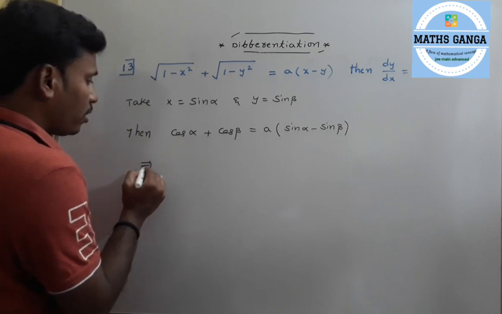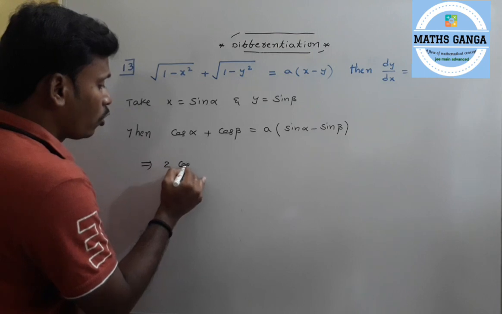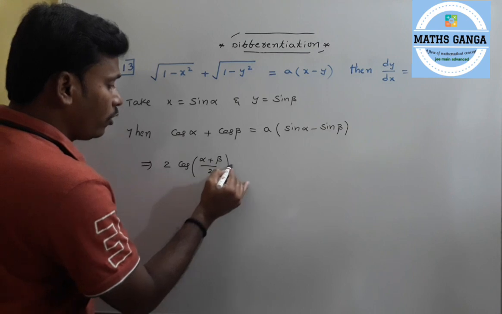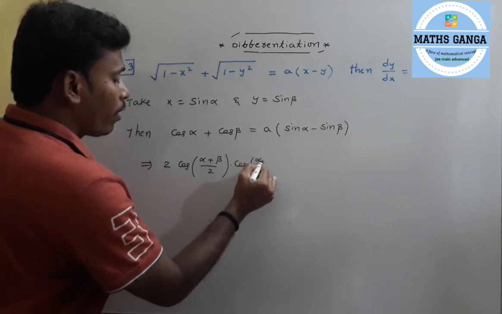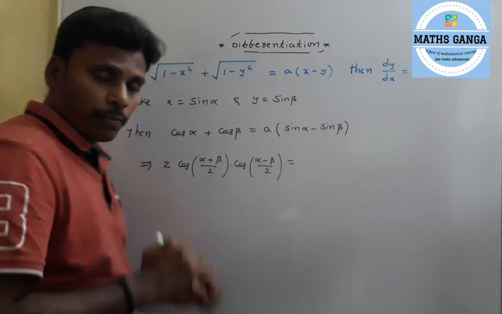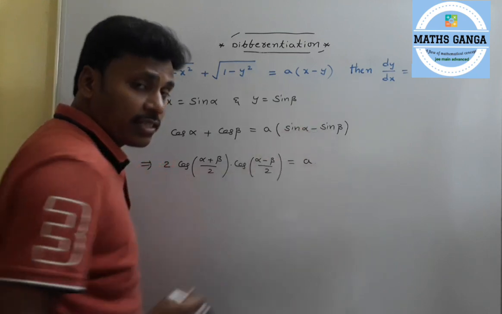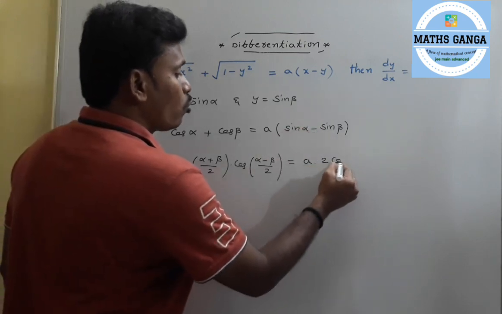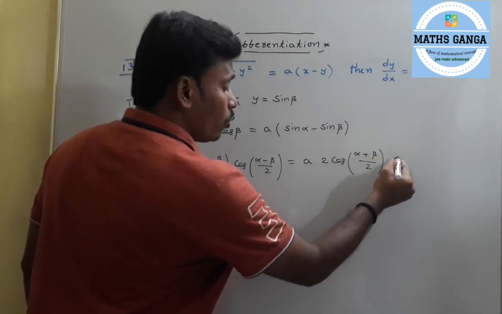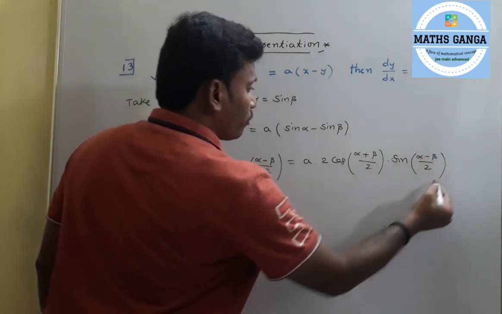On simplification, cos alpha plus cos beta, using trigonometric simplification, is 2 times cos of alpha plus beta by 2 into cos of alpha minus beta by 2. Cos c plus cos d is 2 cos c plus d by 2 cos c minus d by 2. This is equals to a into, here we have sin c minus sin d, which is nothing but 2 cos of alpha plus beta by 2 into sin of alpha minus beta by 2.